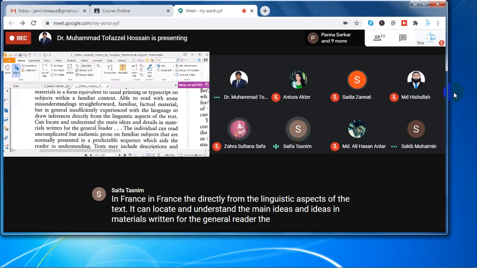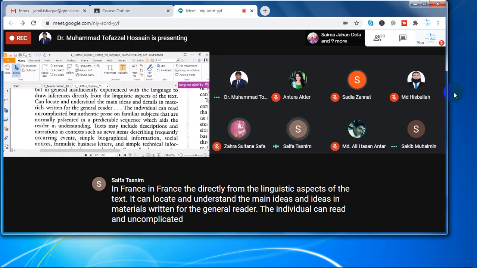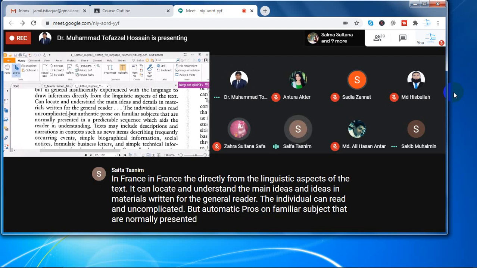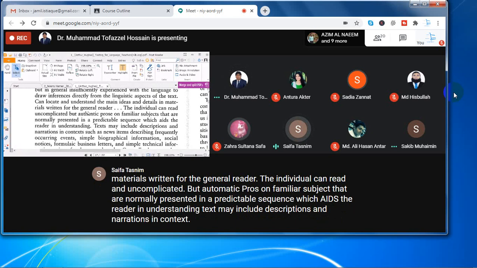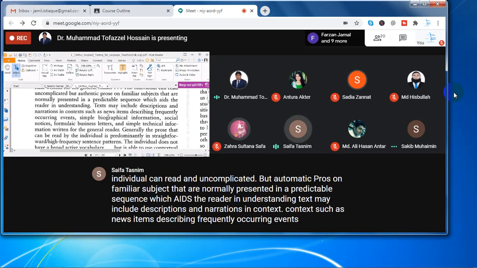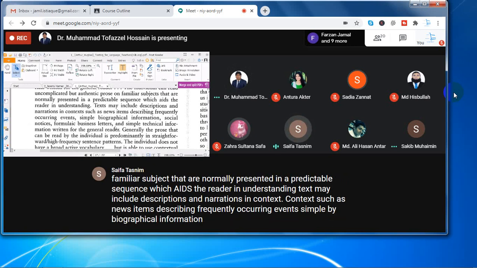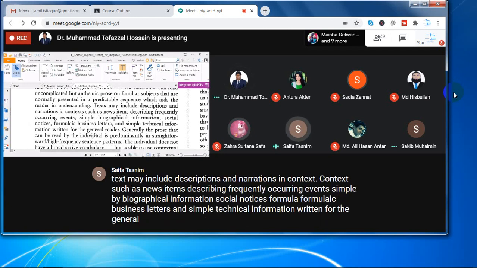The individual can read uncomplicated but authentic prose on familiar subjects that are normally presented in a predictable sequence which aids the reader in understanding. Text may include descriptions and narrations in context such as news items describing frequently occurring events, simple biographical information, social notices, formulaic business letters, and simple technical information written for the general reader.